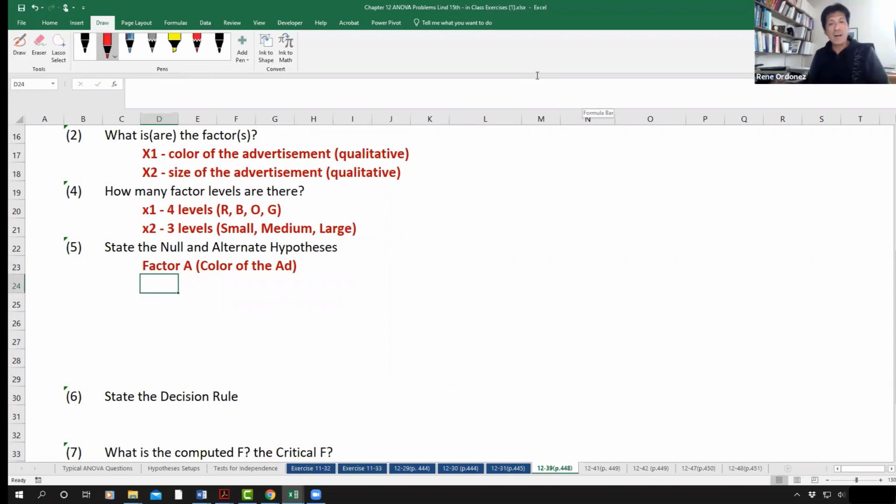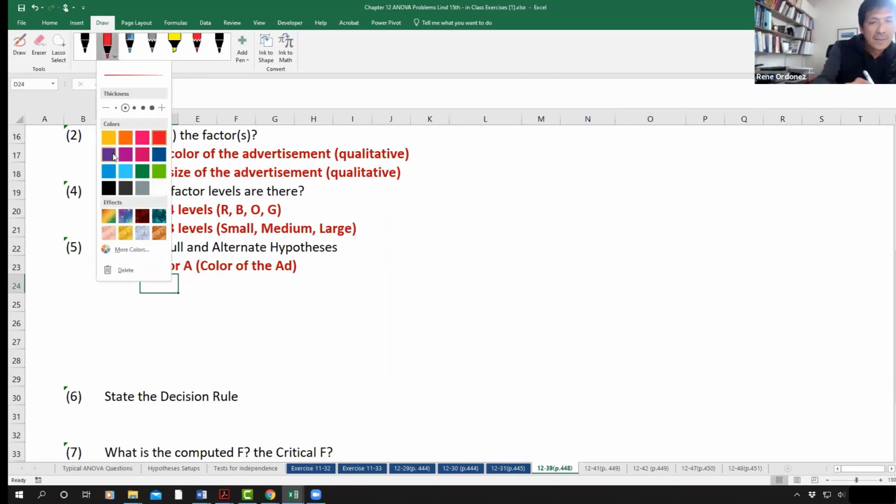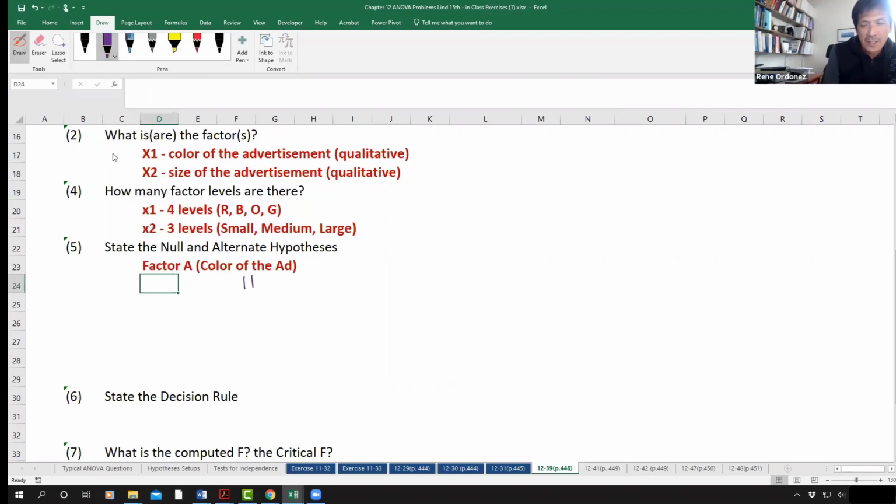So the null hypothesis would say this: H sub 0, the average rating of the ad in red is equal to the average rating of the ad in blue, which is equal to the average rating of the ad in orange, which is equal to the ad in green.